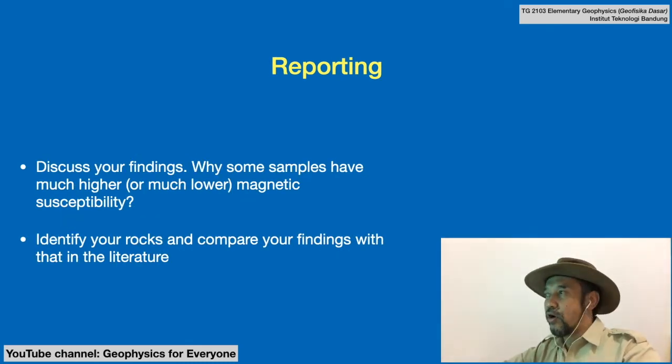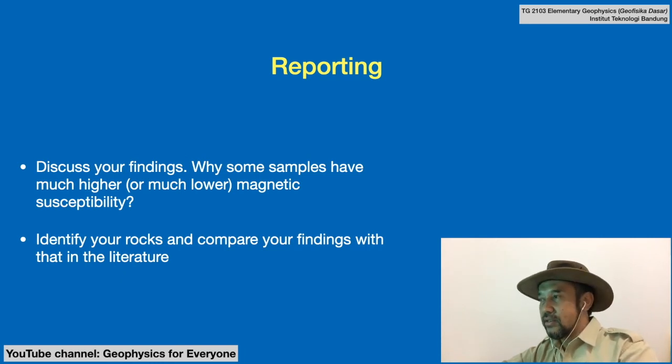In your report, apart from the values of the magnetic susceptibility, you probably want to discuss your findings. For instance, you could discuss why the magnetic susceptibility of some substances is much higher or much lower than that of other substances.